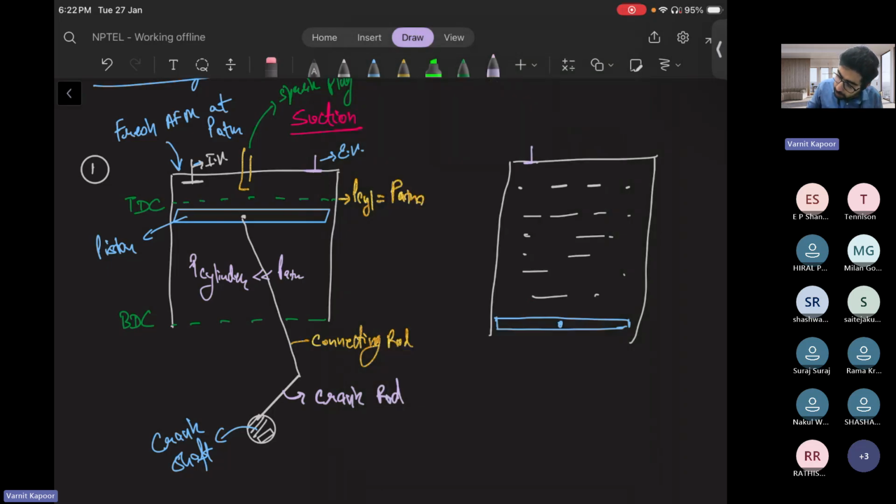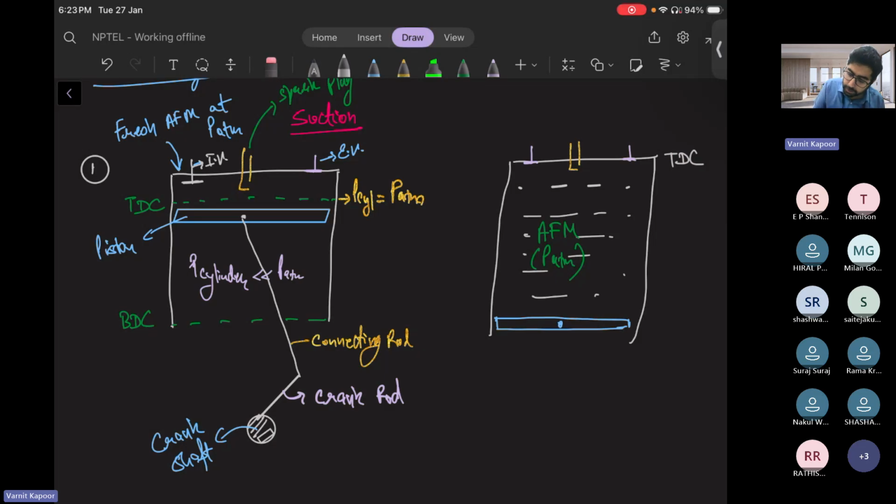Now both of your valves will close because you have entrapped the whole air fuel mixture, and it entered the piston cylinder at atmospheric pressure. So when the whole cylinder is filled with air fuel mixture, your cylinder pressure will be atmospheric pressure. Okay, so this air fuel mixture, AFM, is at P atmosphere.